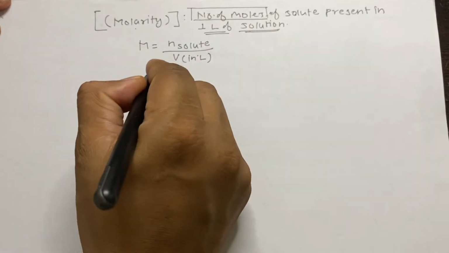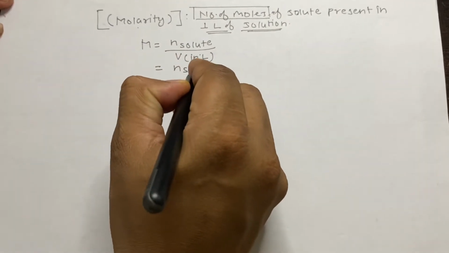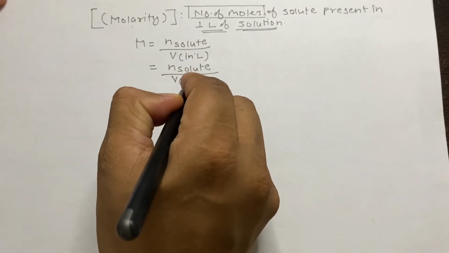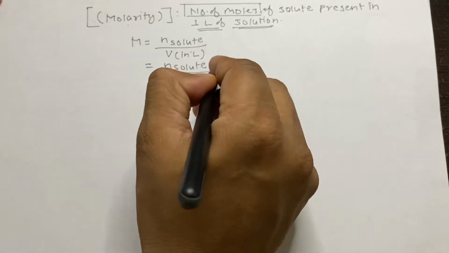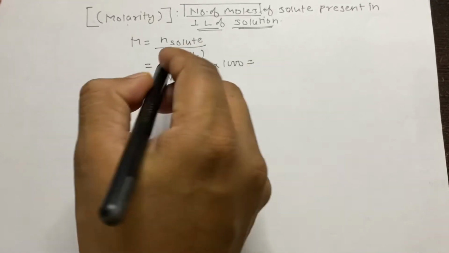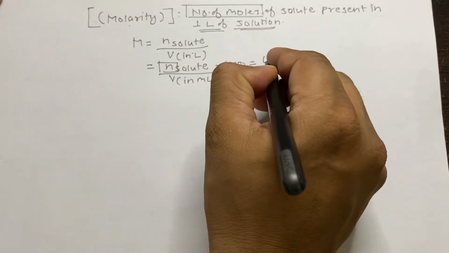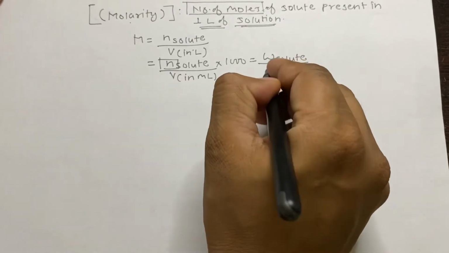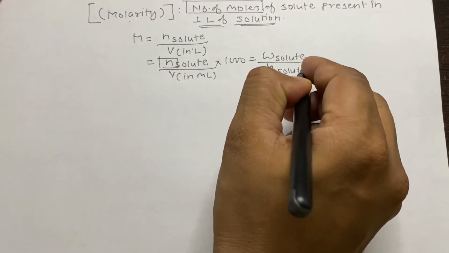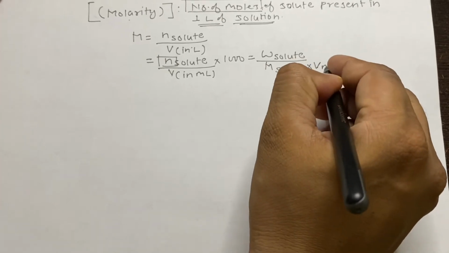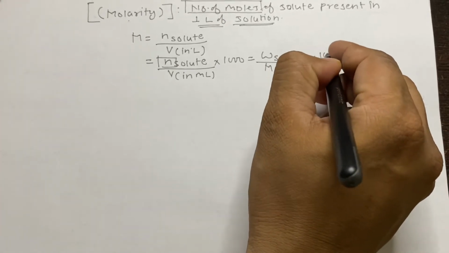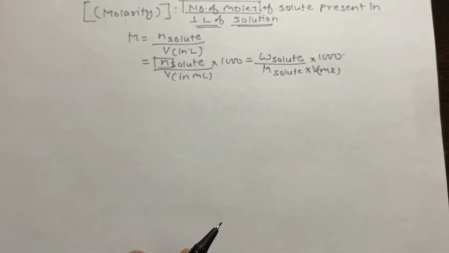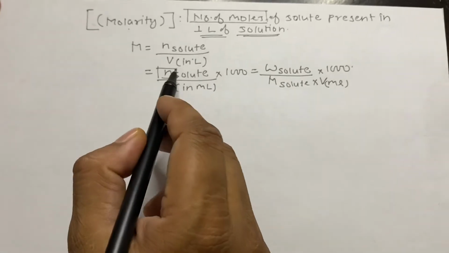That can be written as n solute divided by volume of solution in ml into 1000, and for moles we can write W solute divided by capital M, the molar mass of solute, into volume in ml into 1000. So this is the expression of molarity.